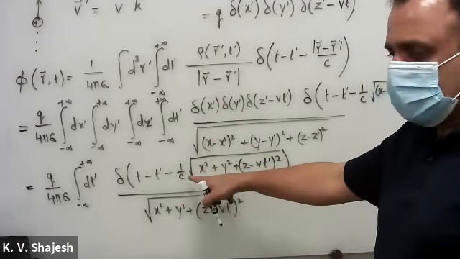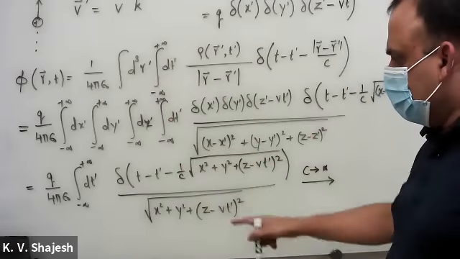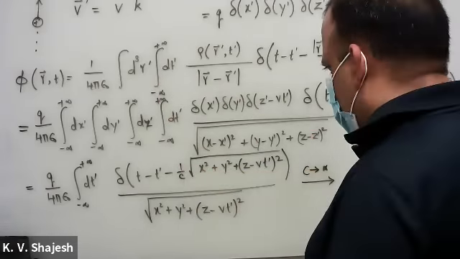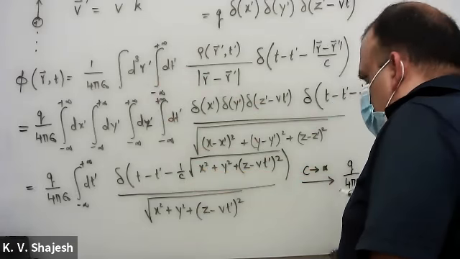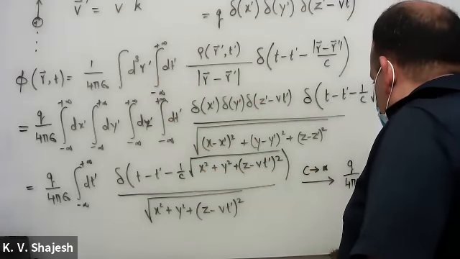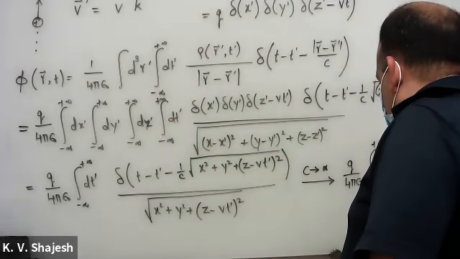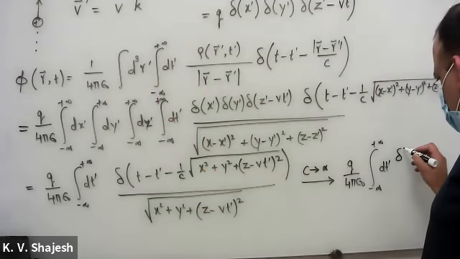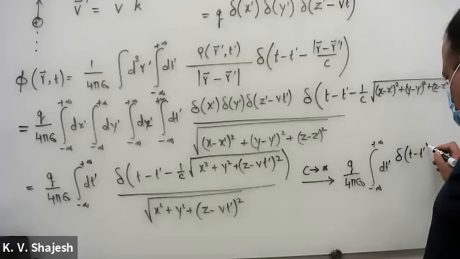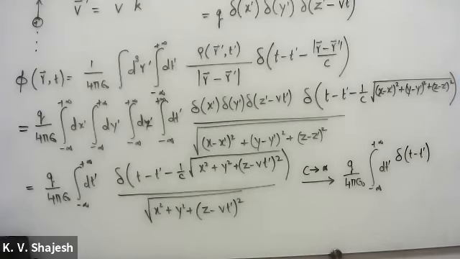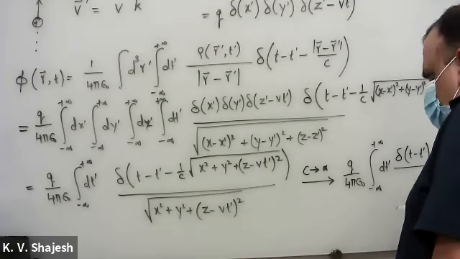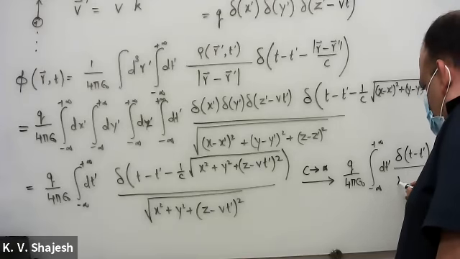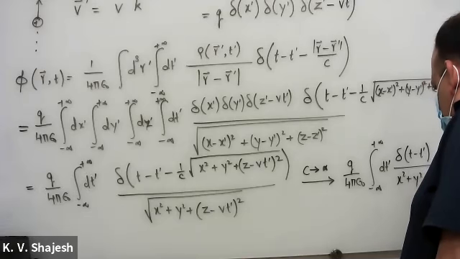So this is called action at a distance. Immediately it passes on. So that's 0. Let's see what happens here. That's q over 4 pi epsilon naught, integral from minus infinity to plus infinity dt prime, delta of t minus t prime, over the square root of x squared plus y squared plus (z minus vt) squared.